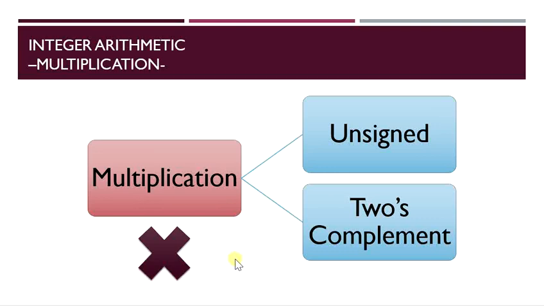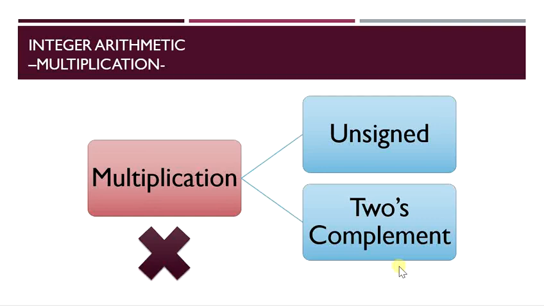For algorithm, it has one for the unsigned numbers, meaning only for positive numbers, and we also have the multiplication algorithm for 2's complement, whereby it has two types of number, positive and also negative numbers. So this multiplication process can do for both positive and negative numbers.